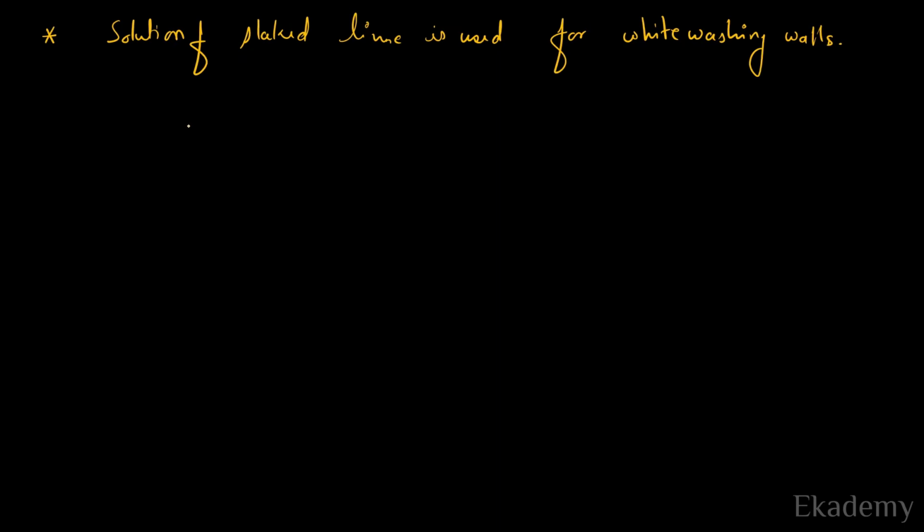What happens is this calcium hydroxide, when it reacts with carbon dioxide, which is already present in our atmosphere, forms calcium carbonate along with water. Calcium carbonate is a very hard substance. It is hard and shiny, white in color.